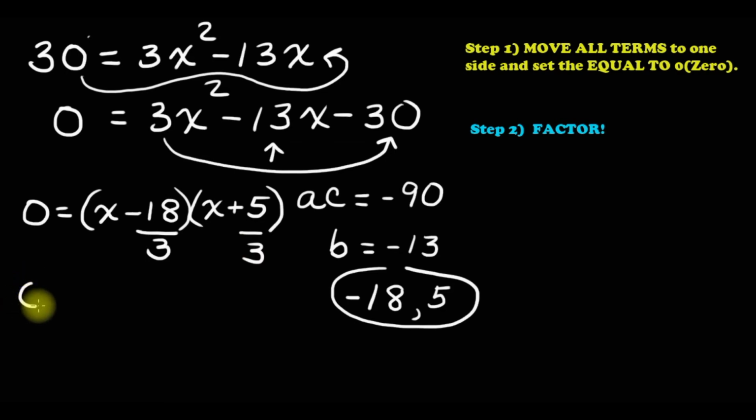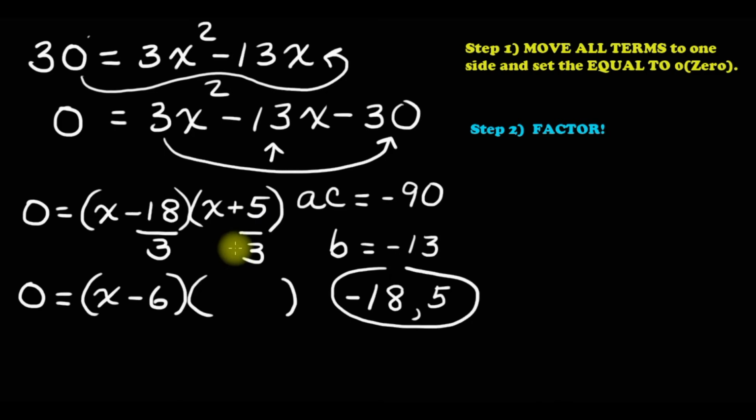Now we're going to have x minus 6, because 3 goes into 18 6 times. On this side, for this factor, 3 cannot go into 5 exactly.